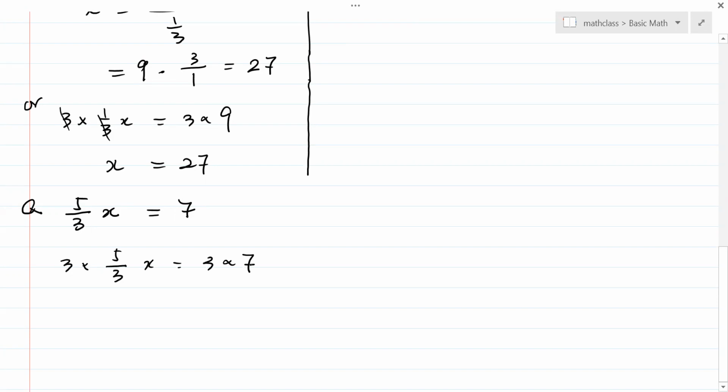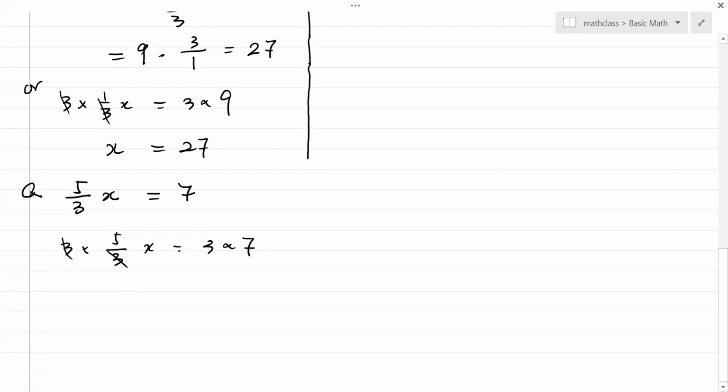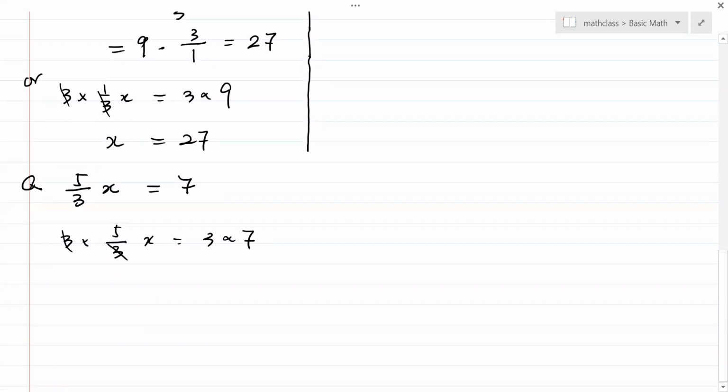Then this 3 cancels out. How do you cancel terms? If both numbers in a fraction have a common factor, in the numerator and denominator, then this factor can be canceled out. Only when you have ab over ac can this a be canceled, leaving b over c.